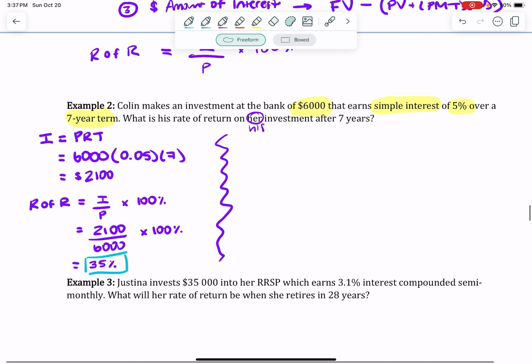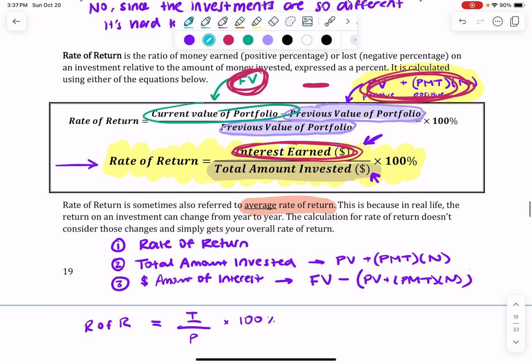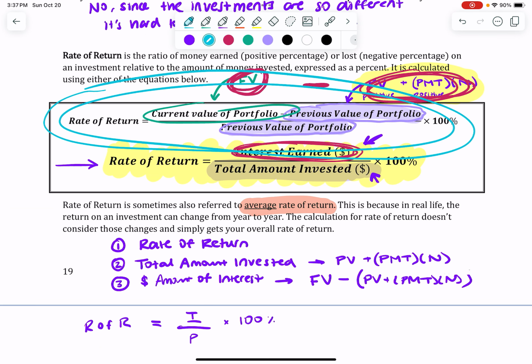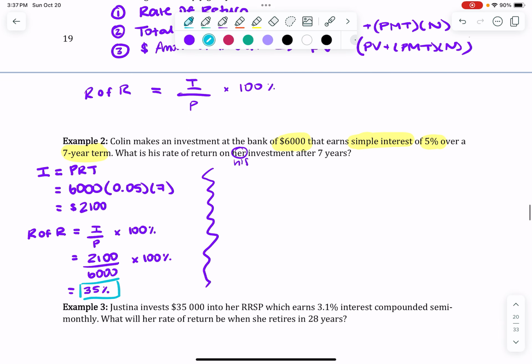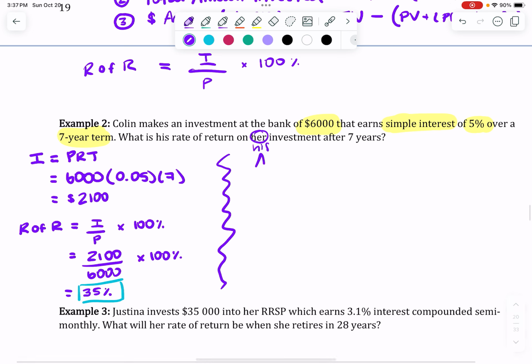Okay. I want to talk about the same example, but calculate it using the more official formula that we see in our formula sheet. So the current value of my portfolio is my future value, or my accumulated amount. It's my A. So if I'm looking at simple interest, I'm looking at my A value.